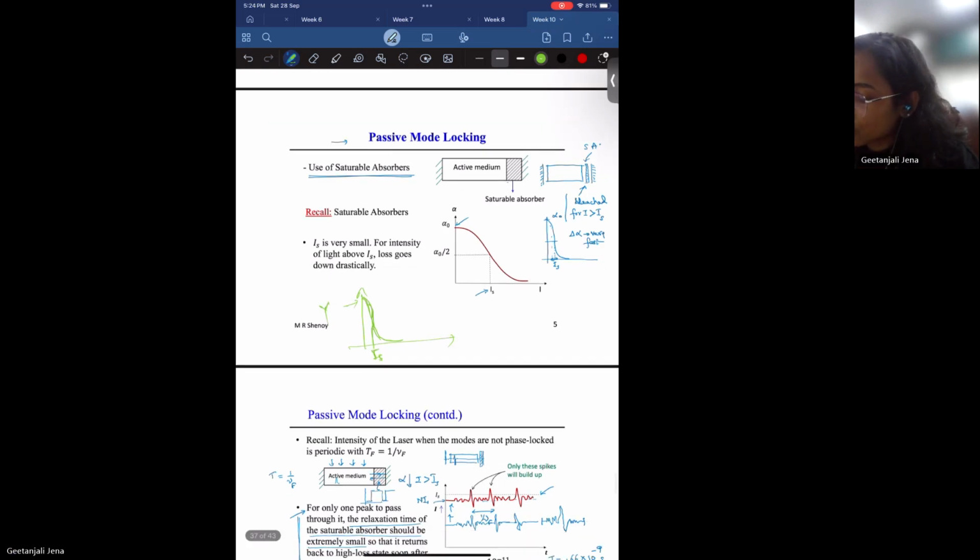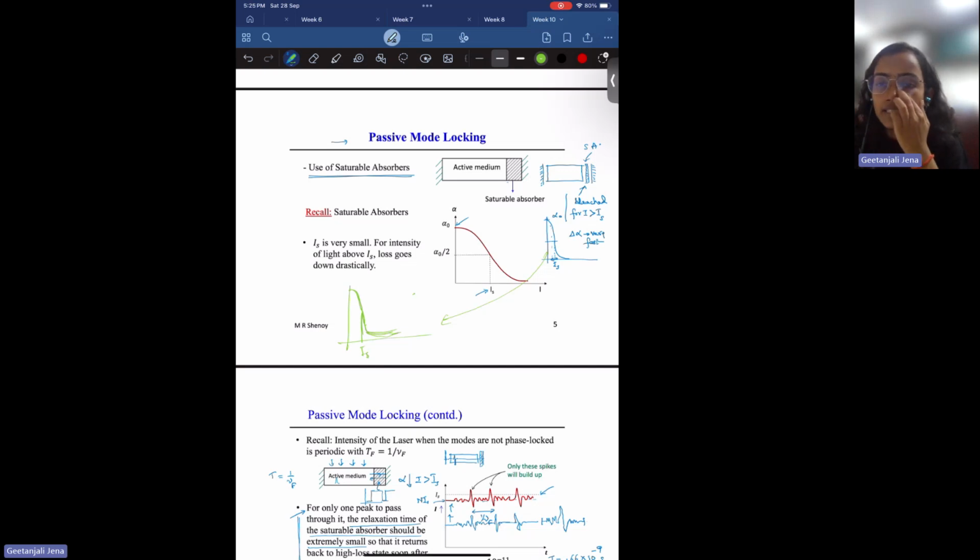So let us go through a few details of this saturable absorber. So if I zoom into this, when the intensity crosses the I_S value, you can see how the loss coefficient decreases rapidly.